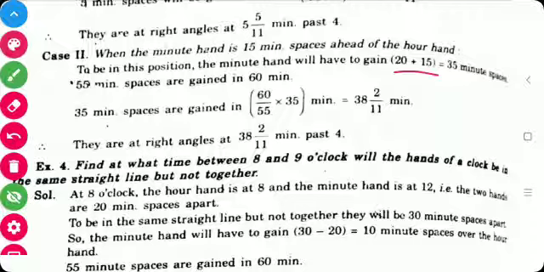Now as we know, 55-minute spaces are gained in 60 minutes, then 35-minute spaces are gained in 60 into 35 by 55. So it is 38 and 2 by 11 minutes. So they are at right angles at 38 and 2 by 11 minutes past 4. So there are two cases for 15-minute spaces.